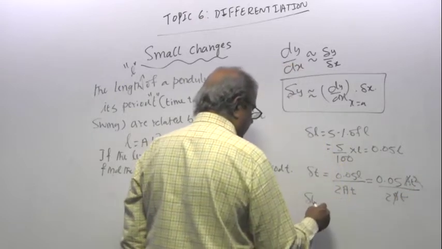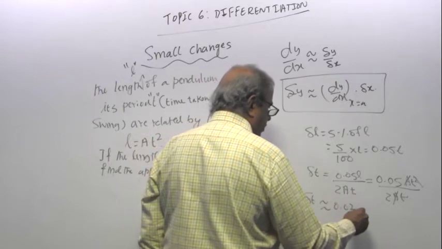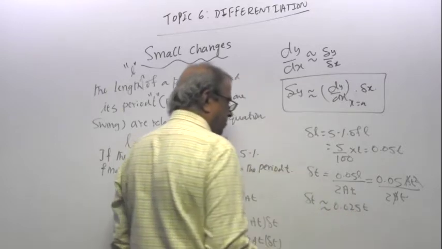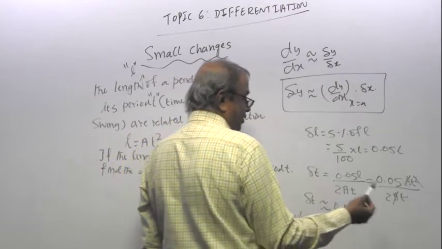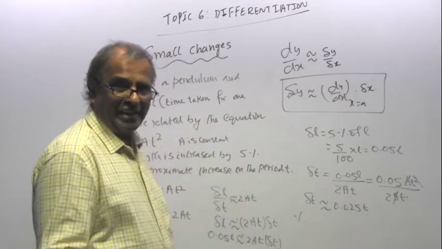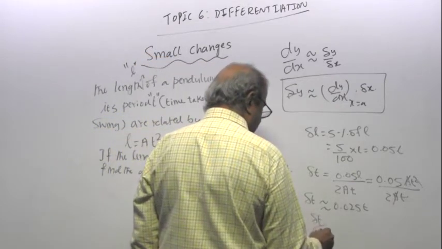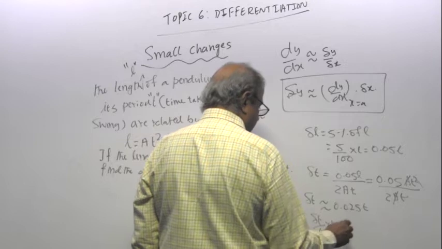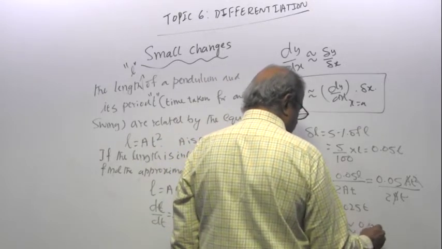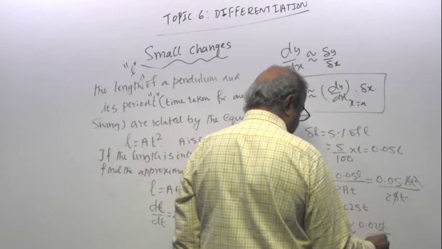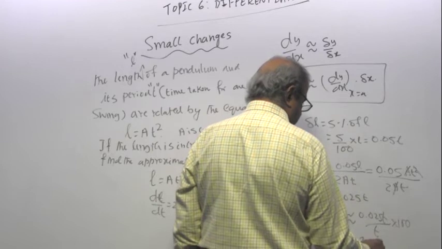So delta T is approximately 0.025 T. So what is the percentage increase? You can do it directly, 2.5%. But if you want to do it, you could say delta T over T times 100. So that's approximately 0.025 T divided by T times 100, which is 2.5%.